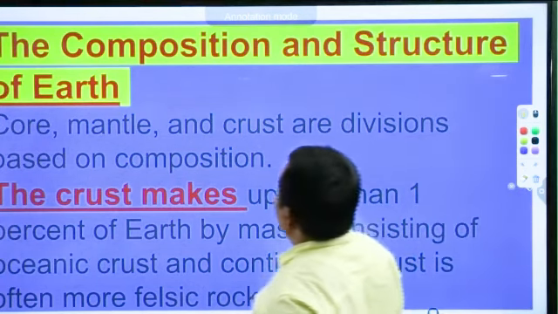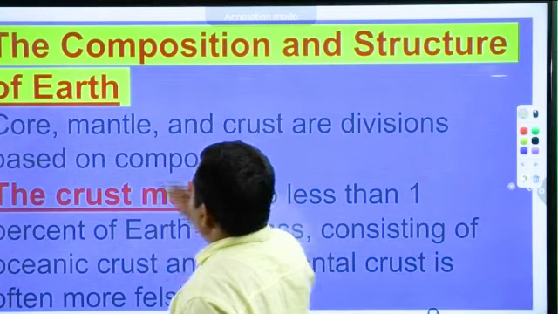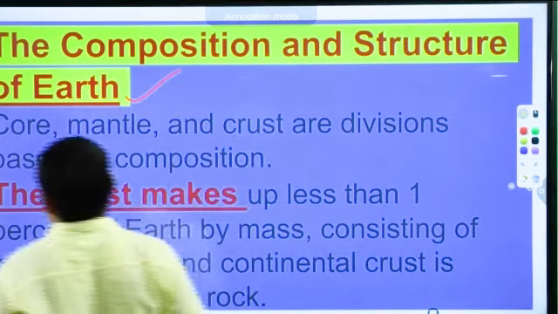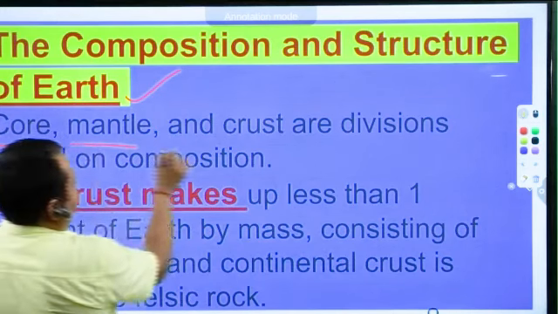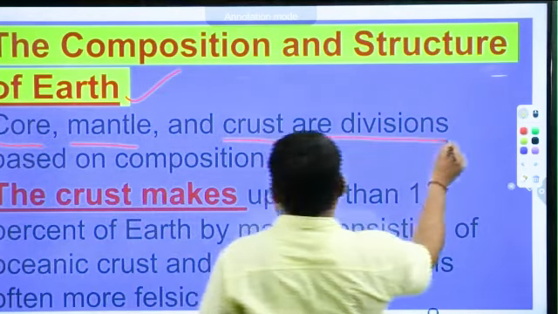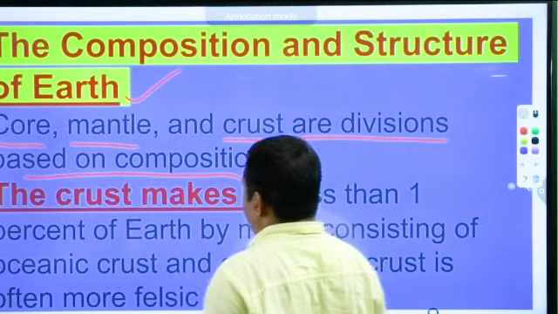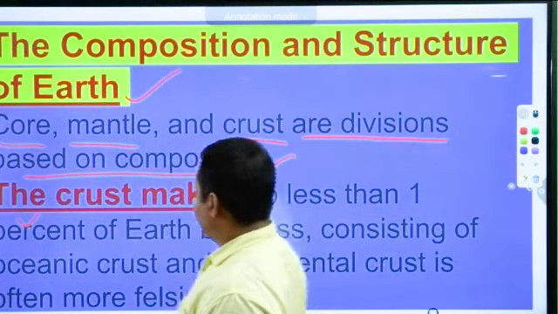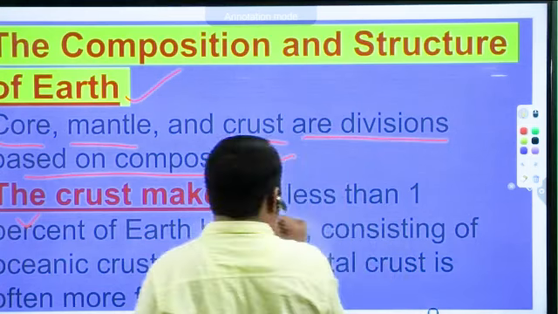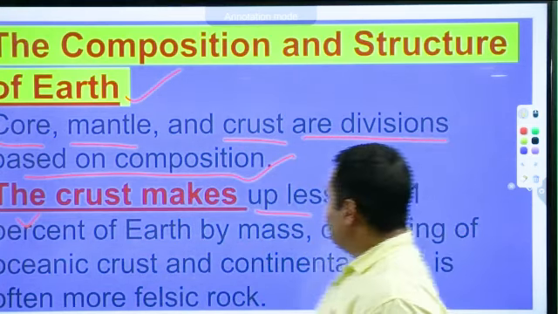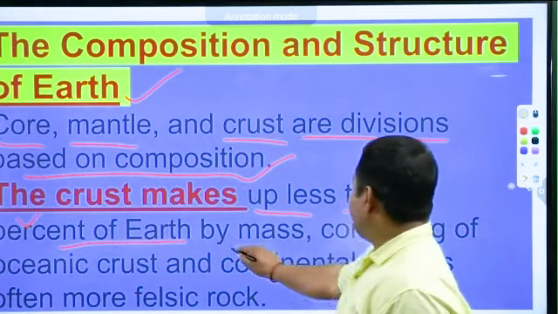Now we see here the composition and structure of the Earth. Earth is made up of core, mantle, and crust. These are divisions based on composition. If we talk about the crust, it makes up less than 1% of the Earth by mass.